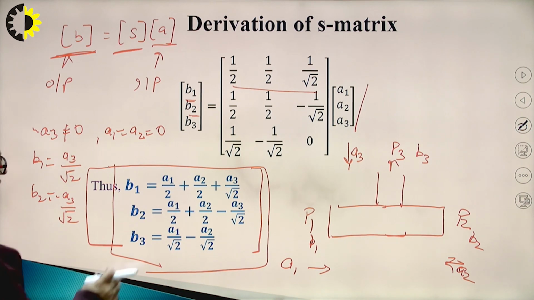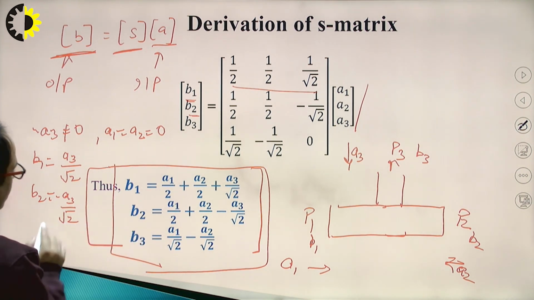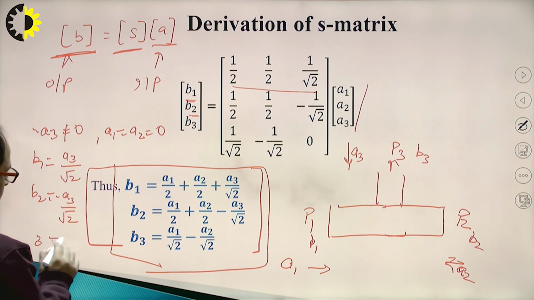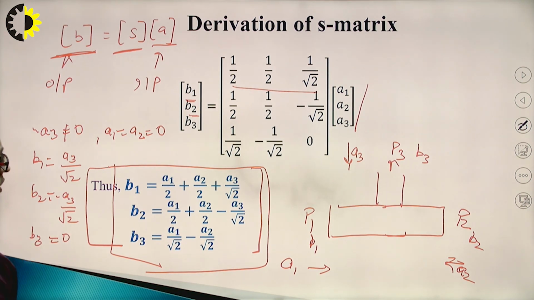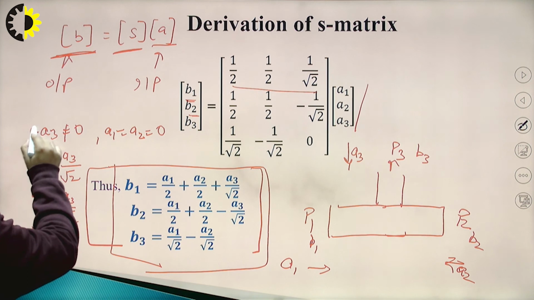Clear? And similarly B3 will be 0. Now this is case number 1.